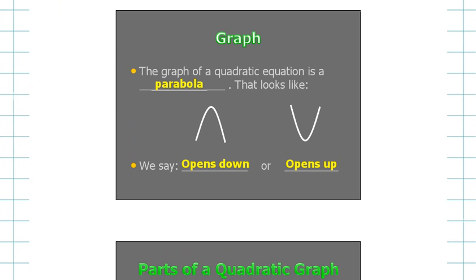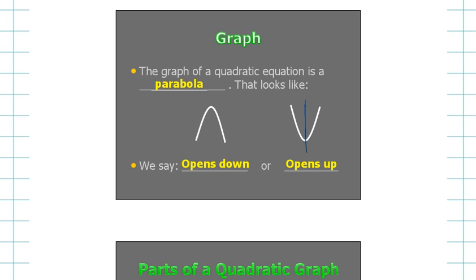Symmetrical means if I cut it in half, I don't know if you remember this from grade 1, when you say symmetrical, if you cut it in half and you fold it, the halves are going to equal each other, right? They're going to overlap. Okay? That's what a parabola is. It's symmetrical in every single way.